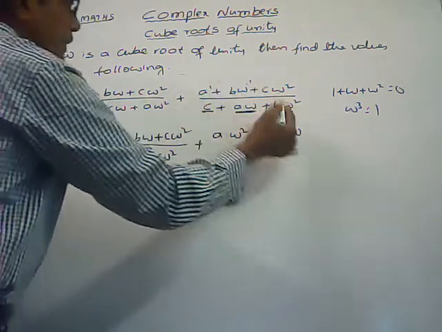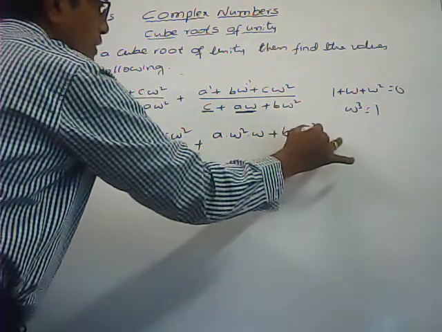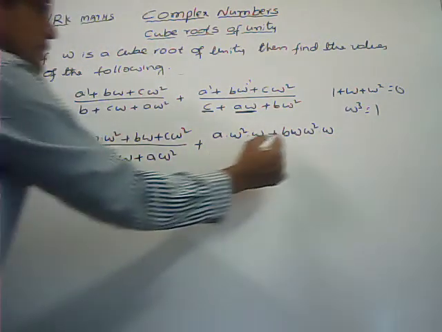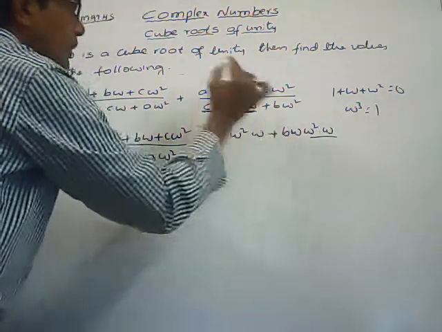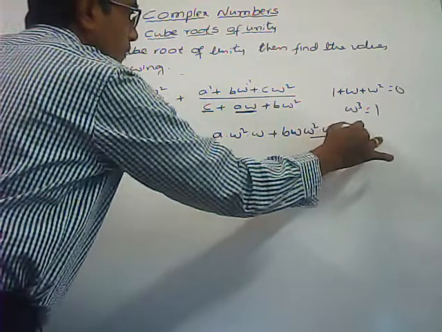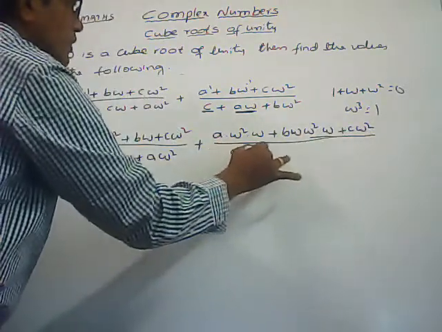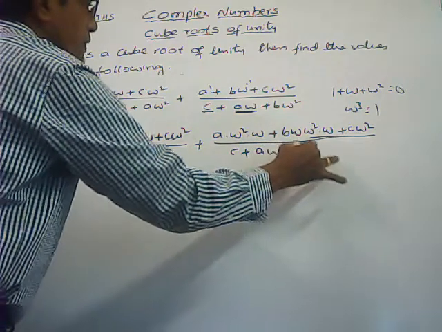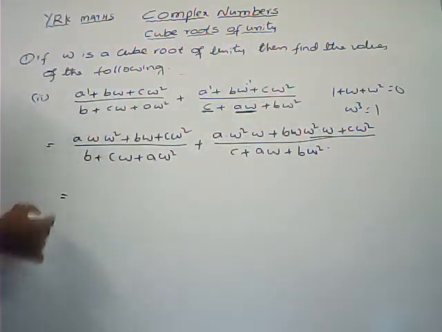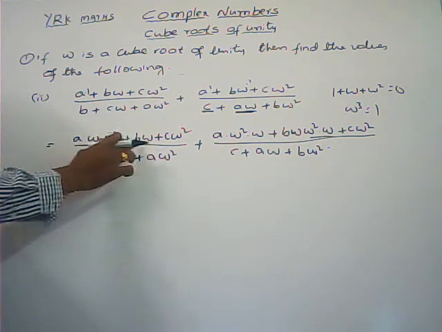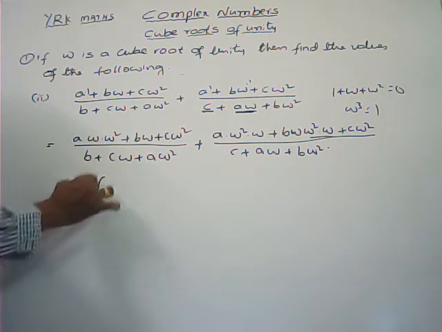Into 1 also I can write omega square into omega, that is omega cube, that is 1 only. Here this is 1, we can get b omega plus c omega square, whole by c plus a omega plus b omega square. So in the numerator, to make the b coefficient 1, I am taking omega as common.